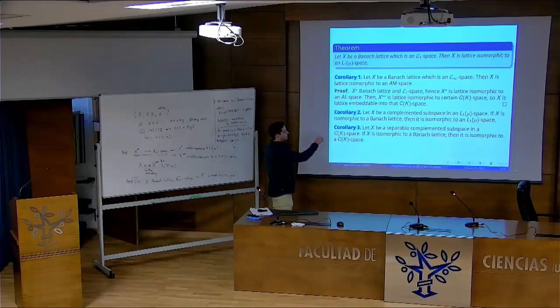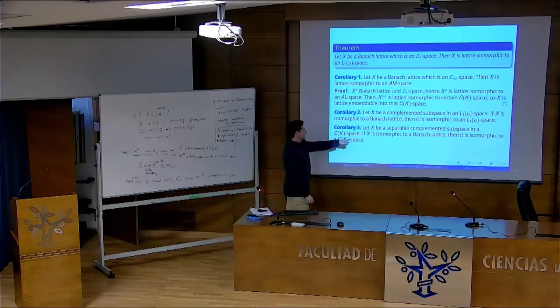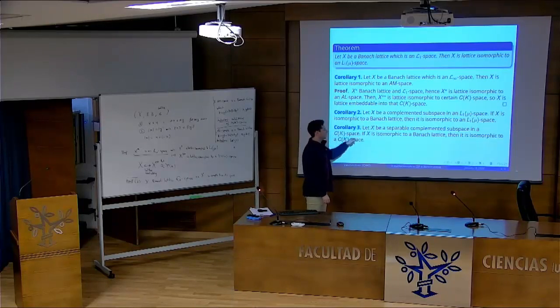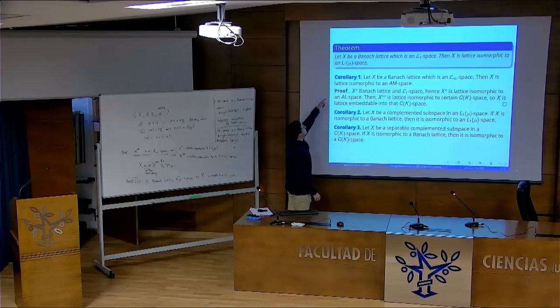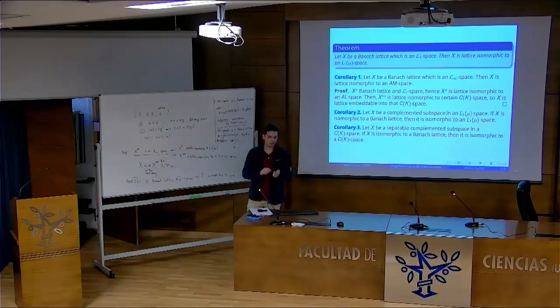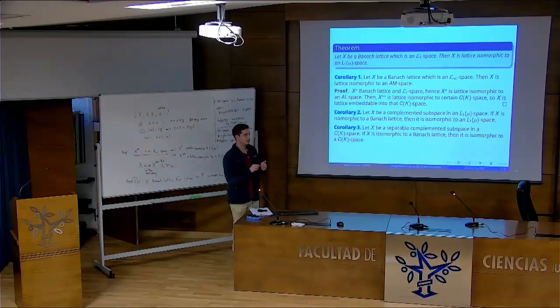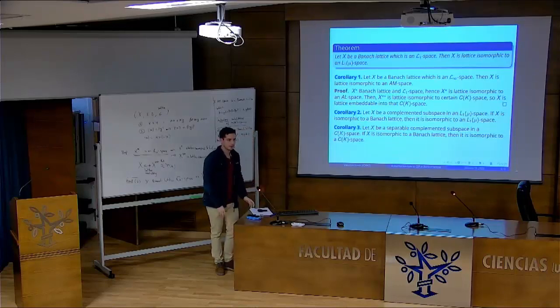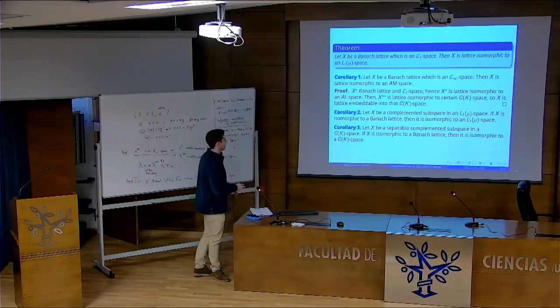Since X is complemented in a C(K) space, it's an L-infinity space, which is isomorphic to a Banach lattice. Then it's isomorphic to an abstract M space. And in the separable case, abstract M spaces are isomorphic to C(K) spaces, but only in the separable case. This is a result of Benjamin.